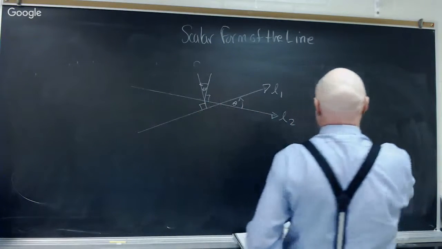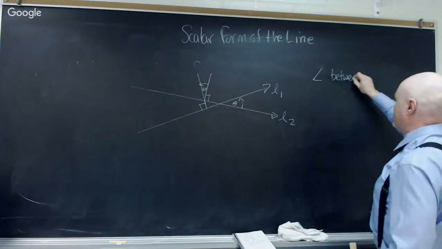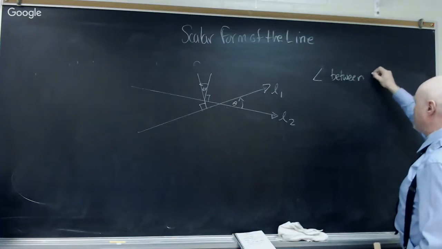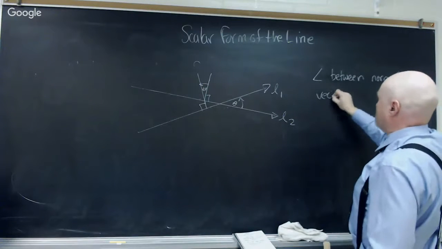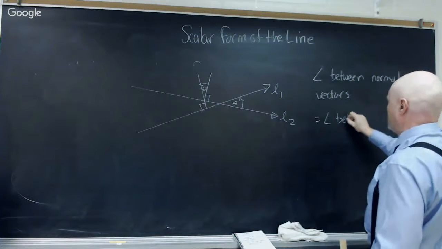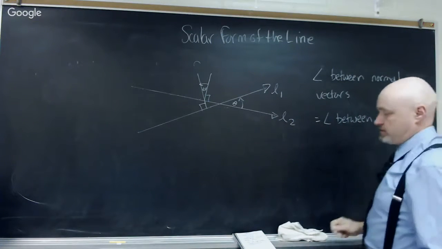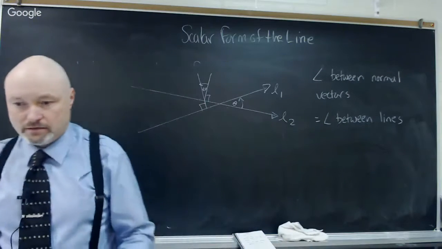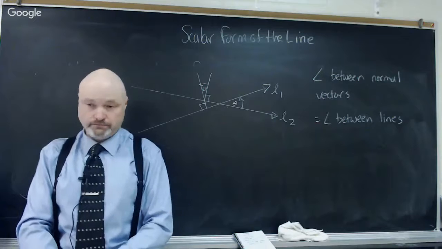Okay. So the angle between normal vectors is equal to the angle between lines.